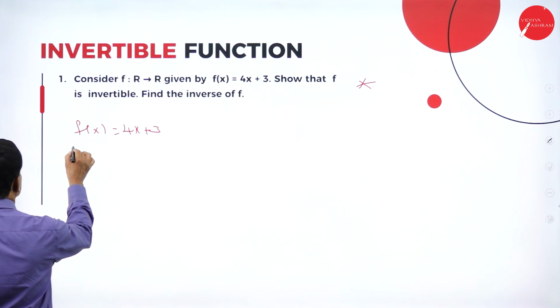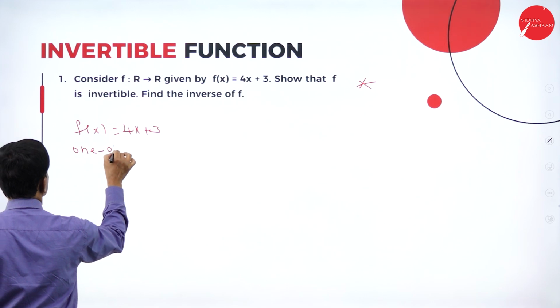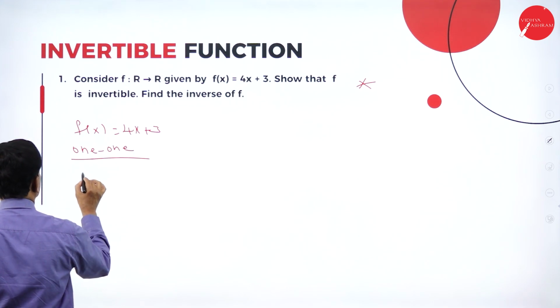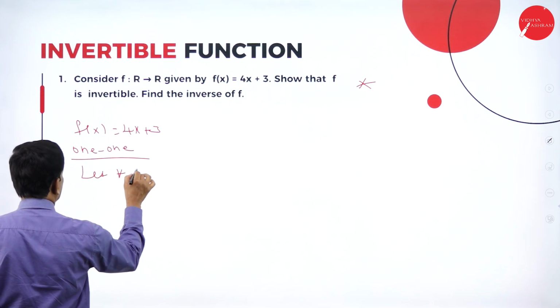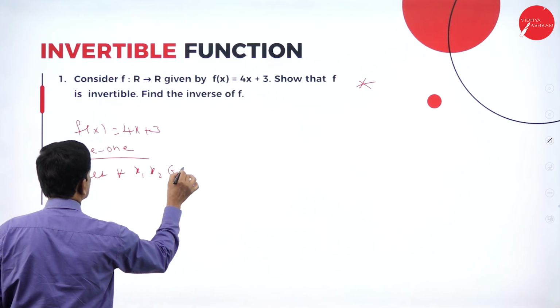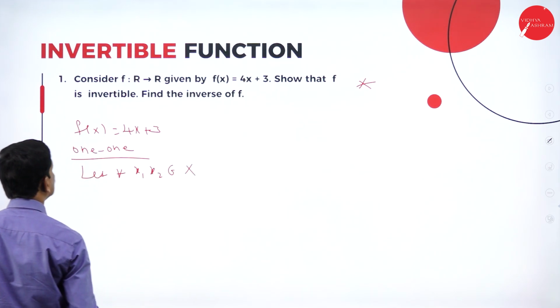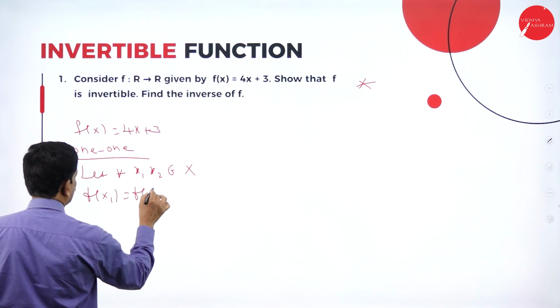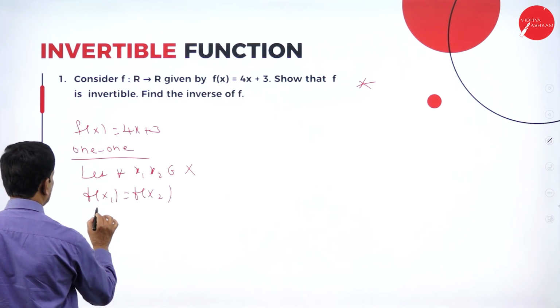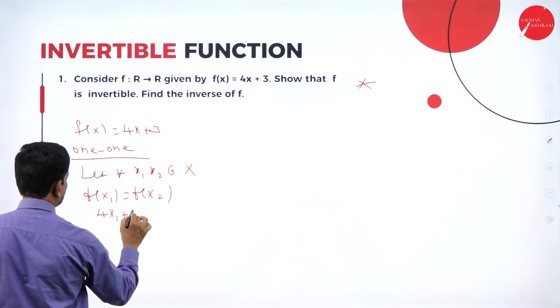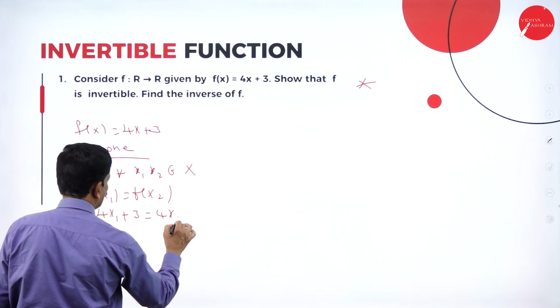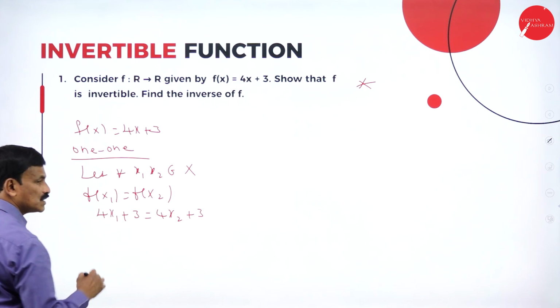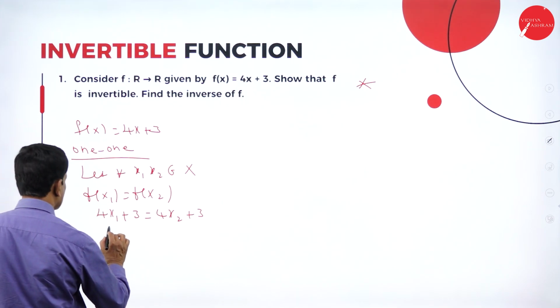1-1 function. Now for all x1, x2 belonging to X, let f(x1) = f(x2). What is f(x1)? 4x1 + 3 = 4x2 + 3. Transfer this plus 3, it becomes minus 3, plus 3 gets cancelled.